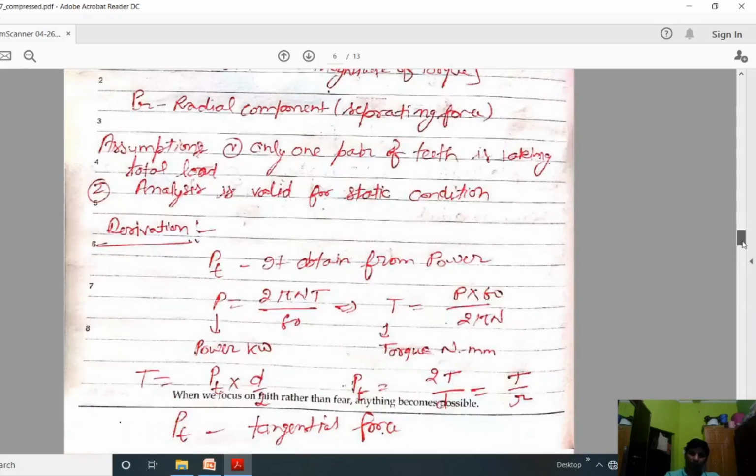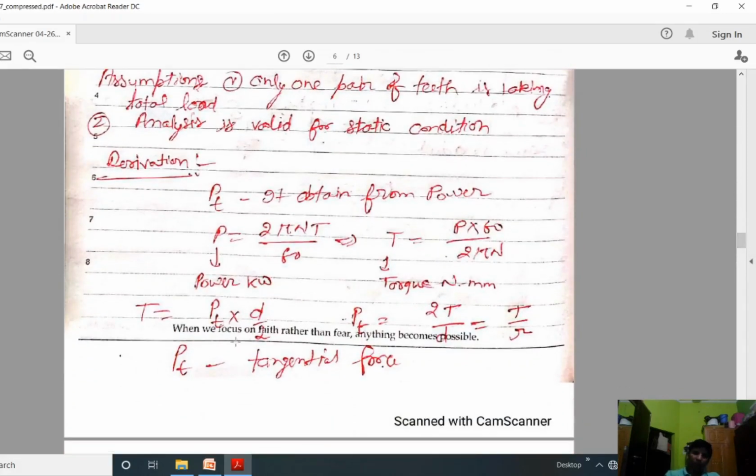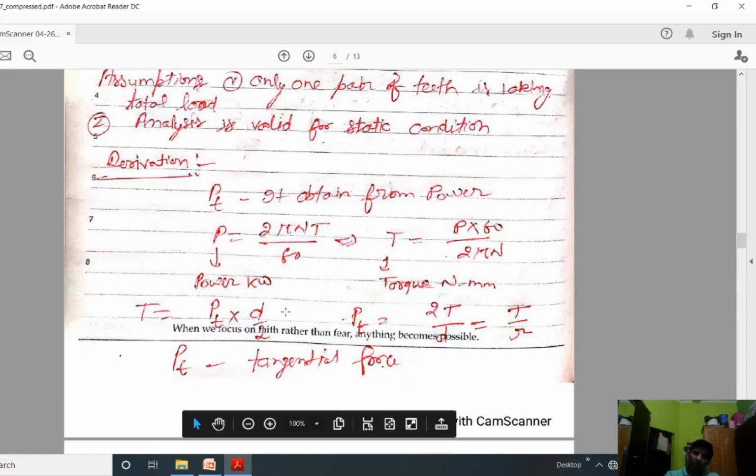If the tangential force or load on the tooth is given, then we can easily find out the torque. The formula for torque, if the tangential force is given, is tangential force multiplied by the radius of the gear.